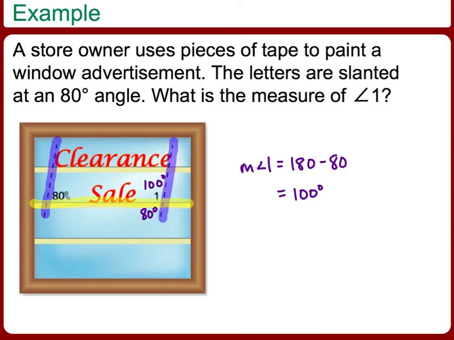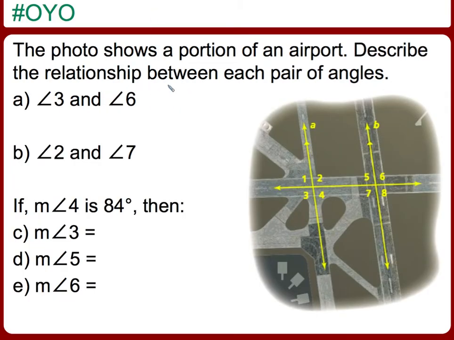Now similarly, we could have used supplementary angles here and found out that this angle right here was 100 degrees, and then use the fact that this 100 degrees and angle 1 are alternate interior angles to give us 100 degrees. Alright, so let's go ahead and let you practice it on your own. Go ahead and pause and give it a try.